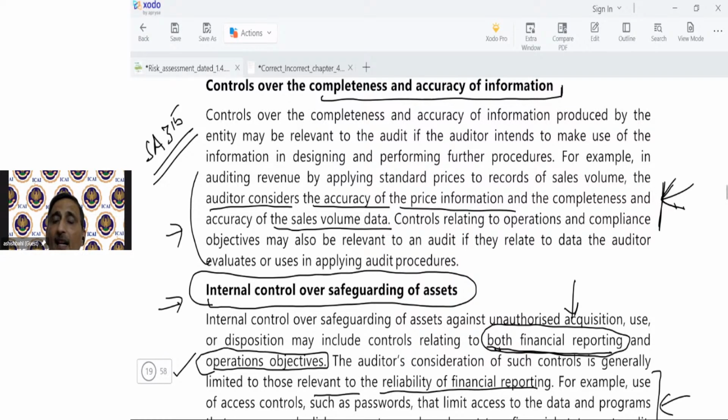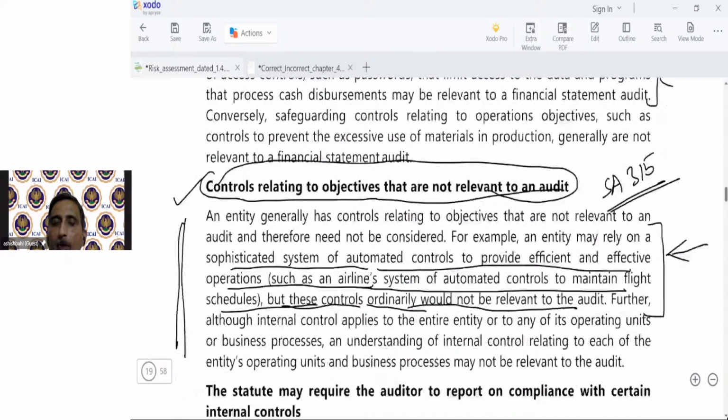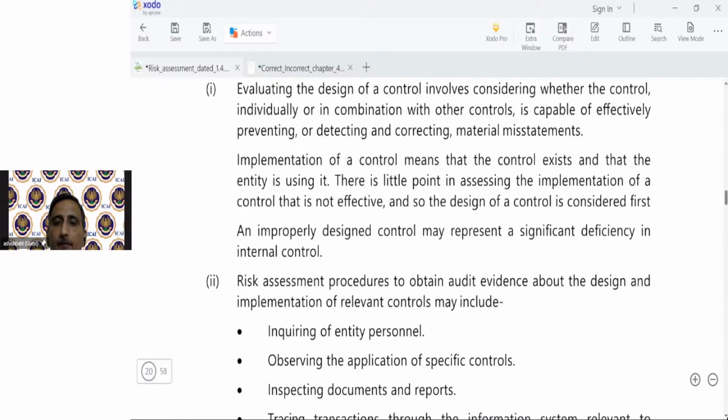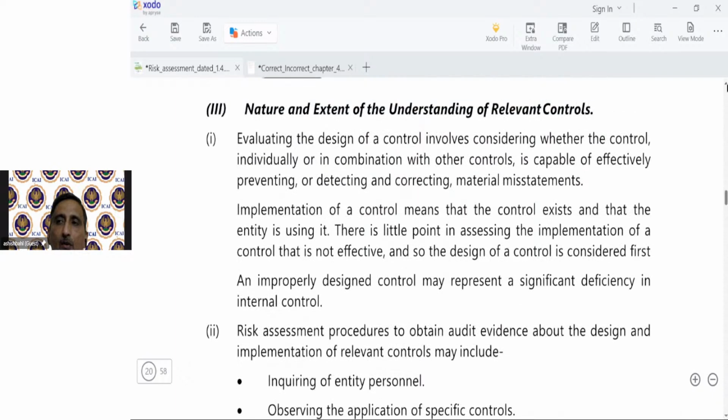Yes guys, are all these three points clear? Yes students, tell me, are these 3 points clear to you?